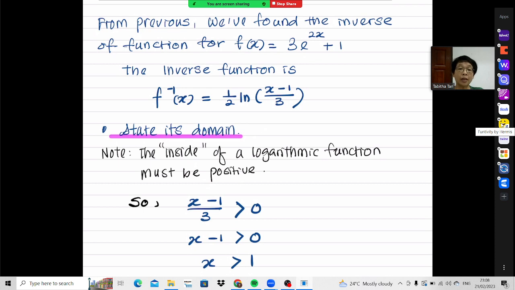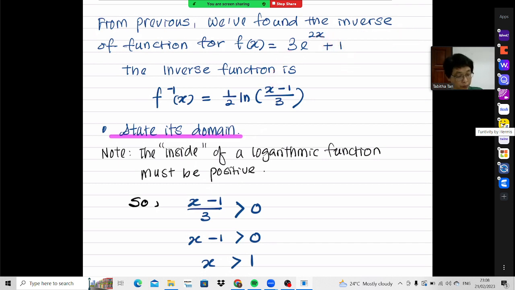What is the allowable x value to put into this function to ensure it works, and in your calculator it will not show math error, or as we commonly say, undefined? So we want to find the allowable x, and that is the domain.